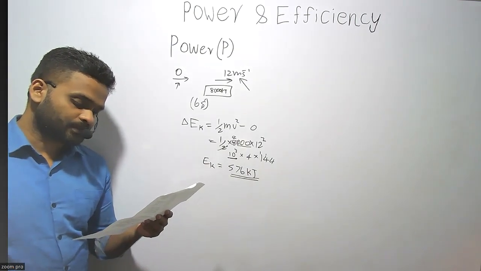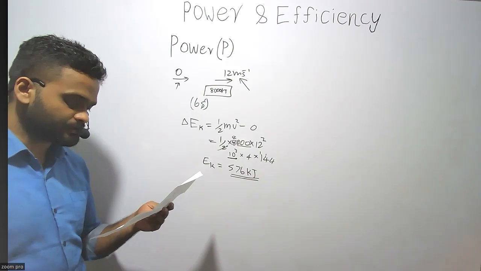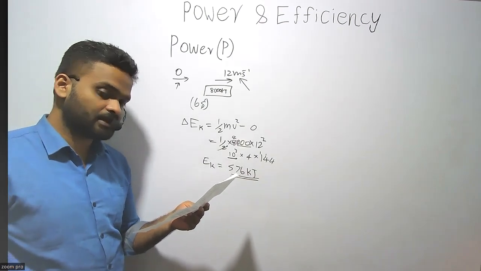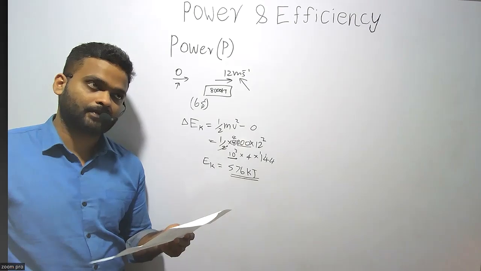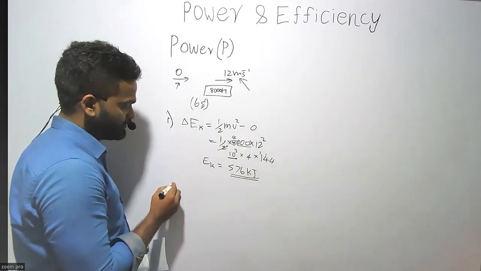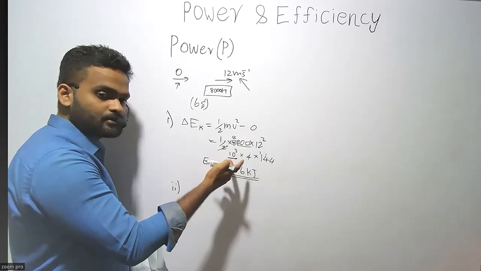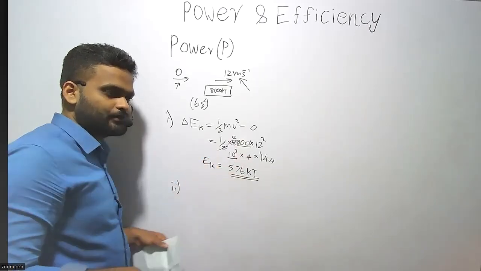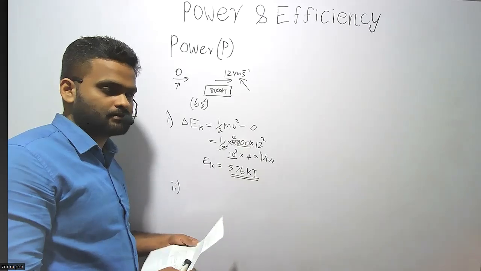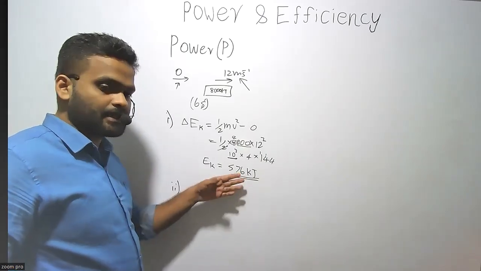Then the second part: if the resistive force on the whale can be neglected, find the power required by the whale for this. Okay. So in order to gain this kinetic energy, something has to provide energy. Actually, the whale itself with its fins gains this kinetic energy, right?